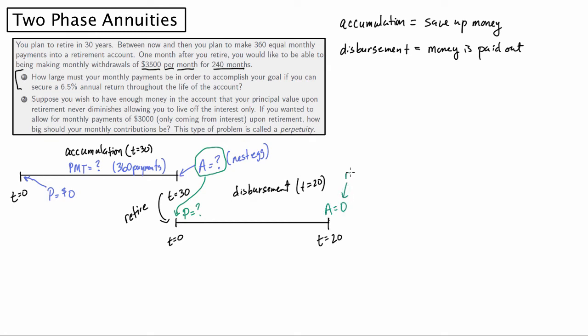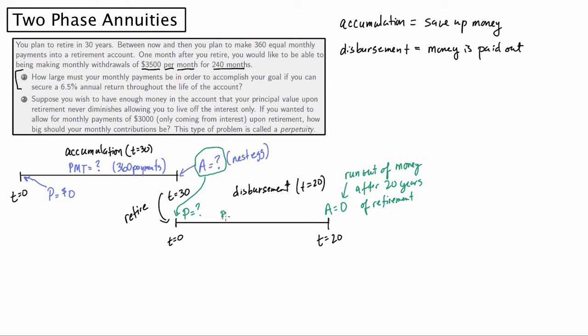You're going to run out of money after 20 years of retirement. Now, you would never set up a plan to do that, but it's just going to help me to illustrate an example here.